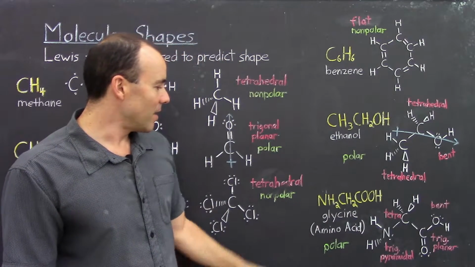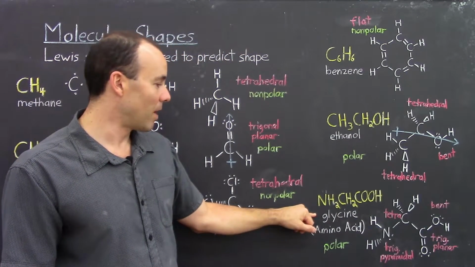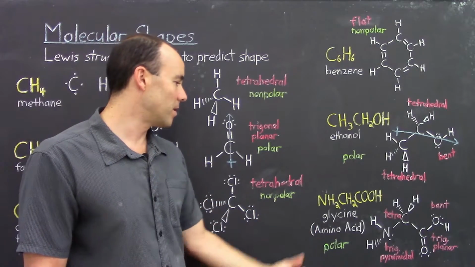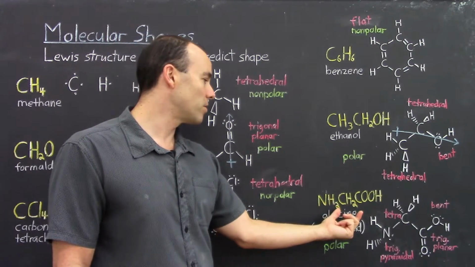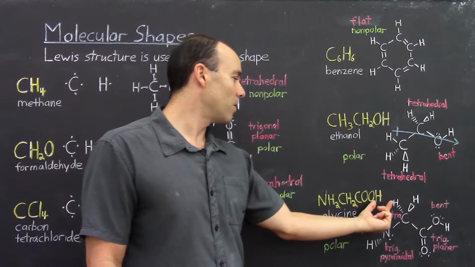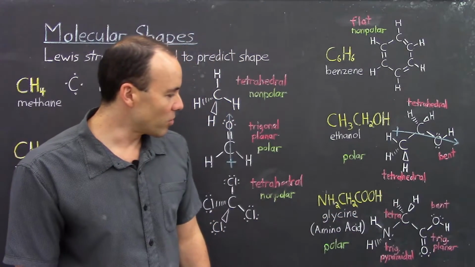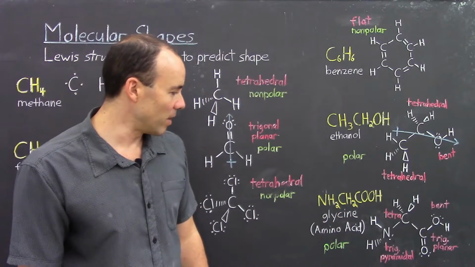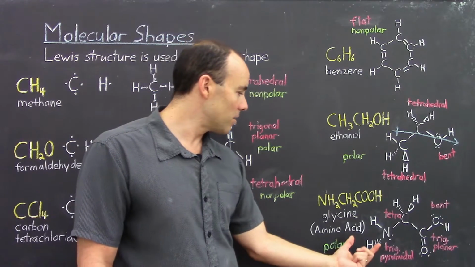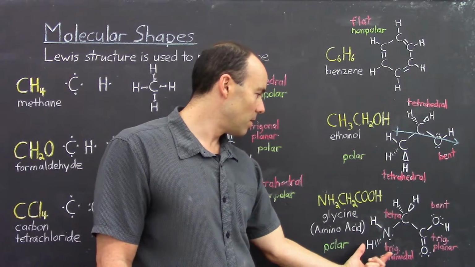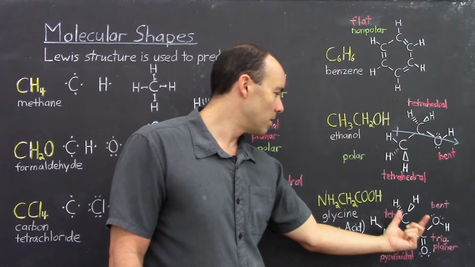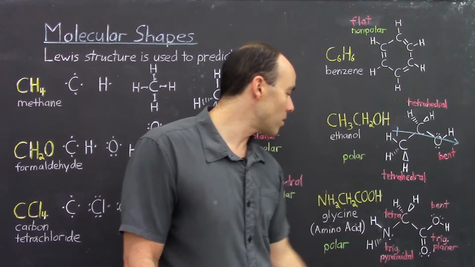The amino acid glycine is a more complicated example. Formula is NH2CH2COOH, and the structure looks like the following. You have your NH2 over here, your CH2, COOH.